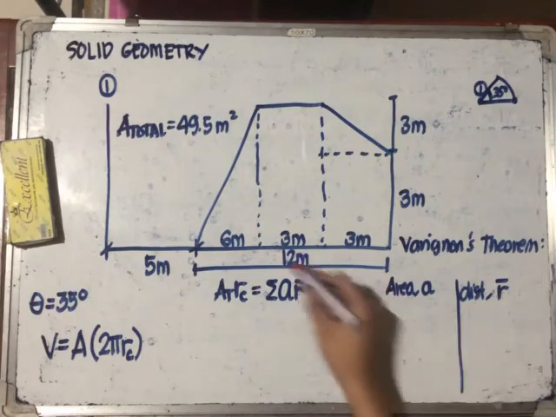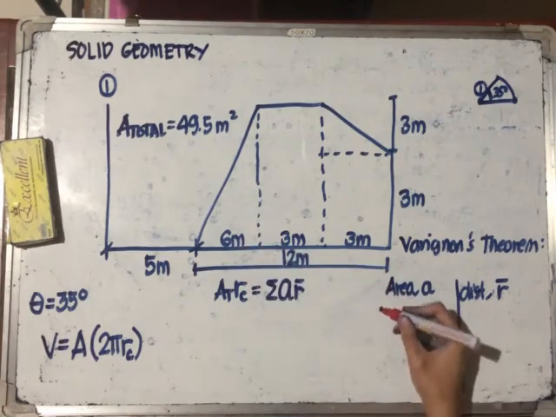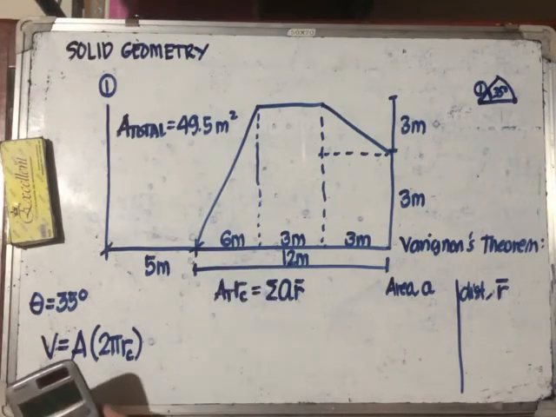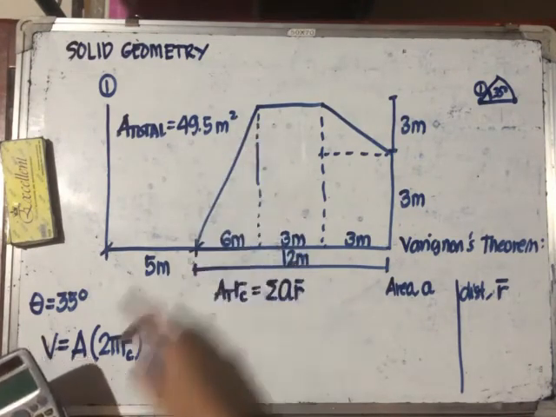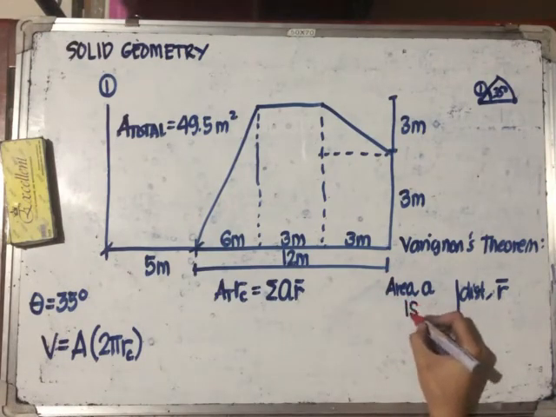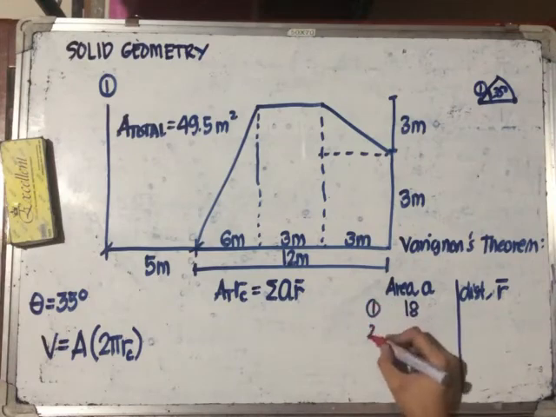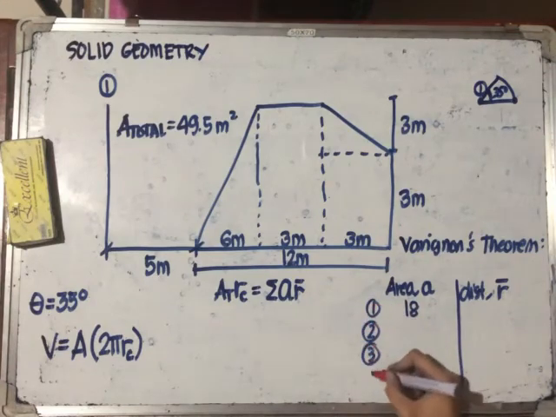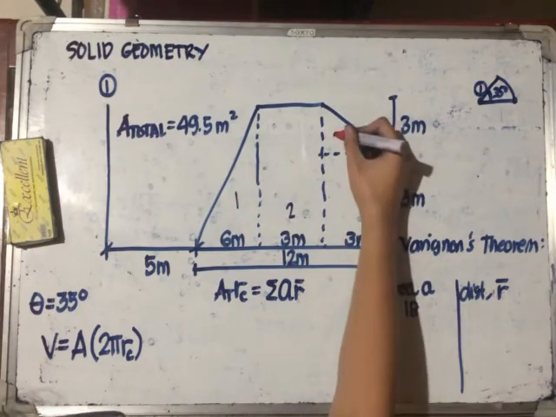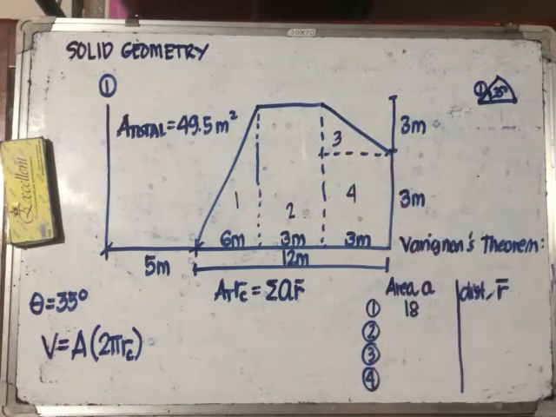You have area of this first is 1/2 base times height. Okay, please follow. 1/2, 0.5 times 6 times 6 na pataas. That's 18. That's for 1, 2, 3, 4. Label ko 1, 2, 3, 4.